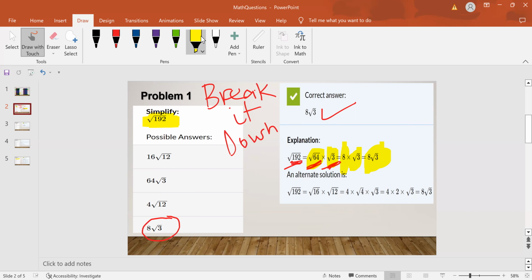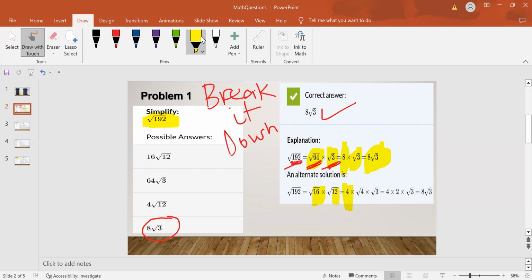Okay, there is another way to solve this problem. Another perfect square you can find from the two numbers you multiply together to get 192 is 16, which is the other perfect square. So if you do 16 times 12, that gives you 192, and the square root of 16 gives you regular 4.